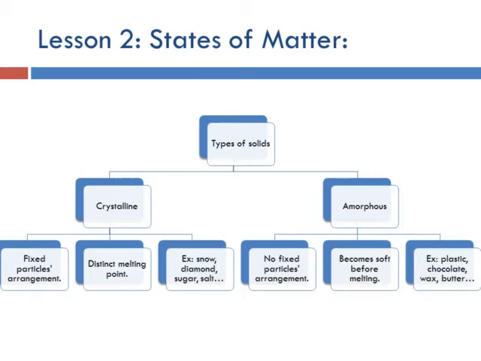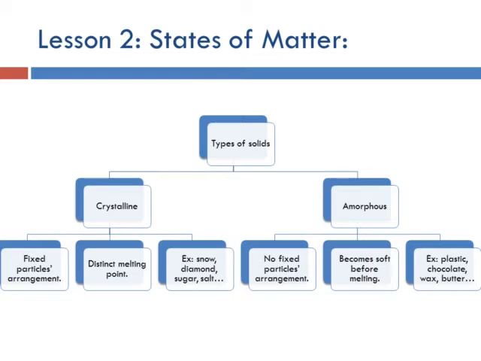However, amorphous solids become soft before melting, which means if we take the example of butter, when butter is in the fridge, it's hard. When we take it out of the fridge, it becomes soft. Then we can melt it, which means that amorphous solids do not need to reach a specific temperature in order to melt.